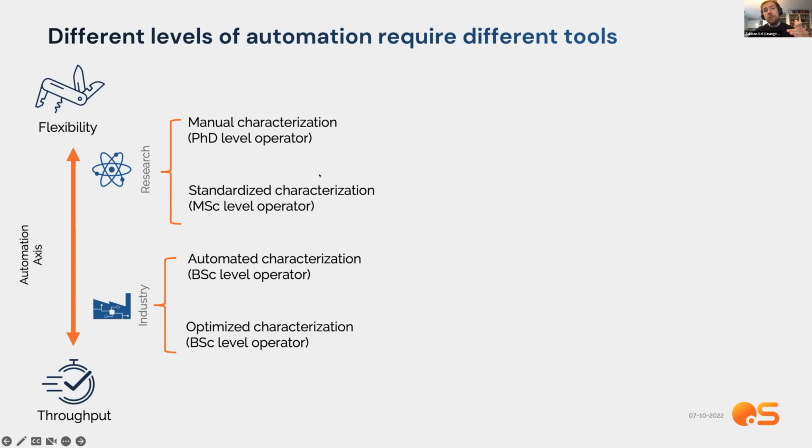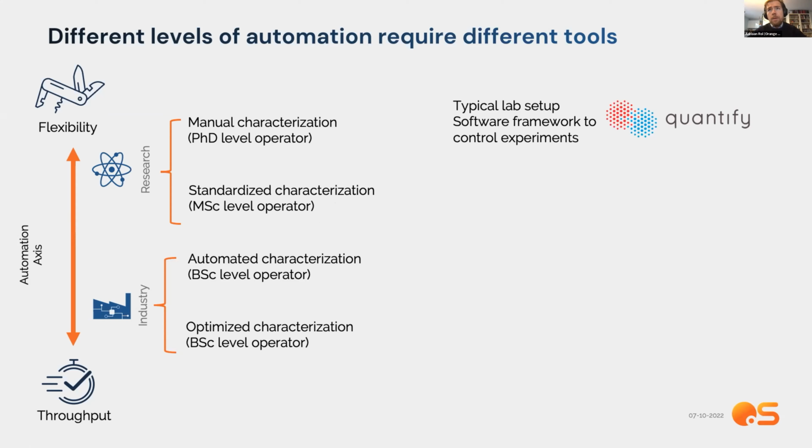Going beyond that, you need to completely automate it, which also means that the skill level of your lab operator should not require a PhD anymore, although in the current systems that might still be the case. And if we're really talking about high throughput, you want to optimize them. So here you need a typical lab setup and a software framework. And this is where Quantifer, which I'll be talking about, comes in.